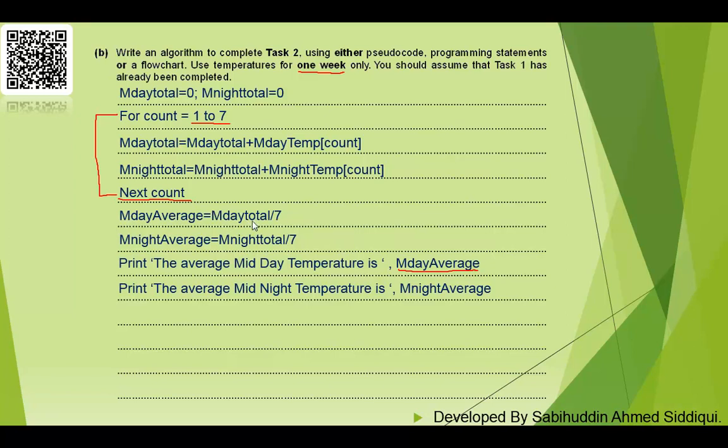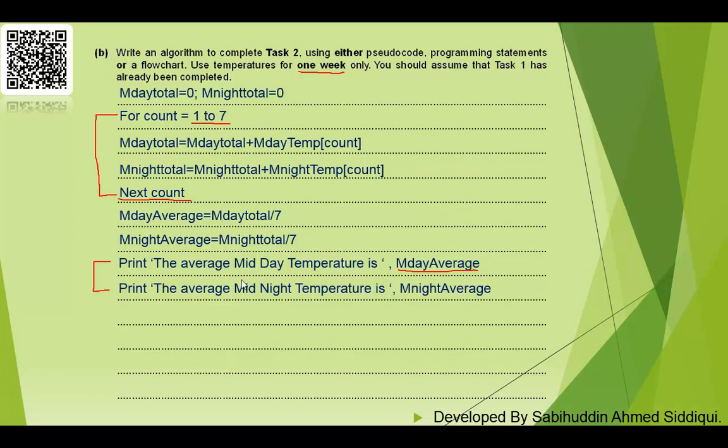So you can see that all the values which midday total has stored in it, you have taken the value out from that and then divided by 7. Same as with the midnight: midnight average equals midnight total divided by 7, and now you are in a position to print. These are the print statements.